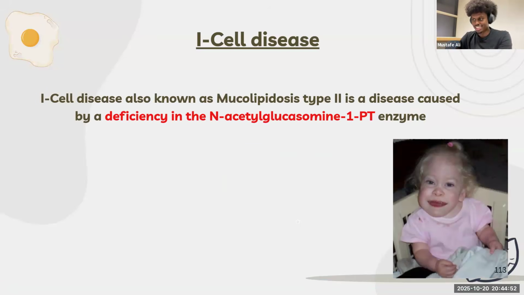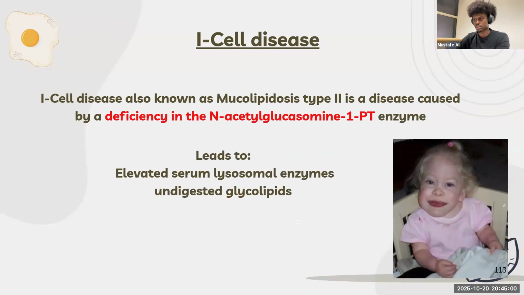Now, I-cell disease, also known as mucolipidosis type 2, is caused by the deficiency of N-acetylglucosamine 1 phosphotransferase. It will lead to the things that you guys have mentioned: elevated serum lysosomal enzymes, undigested glycolipids. All these basically happen because the proteins that are destined for the lysosomes are not reaching their destination.